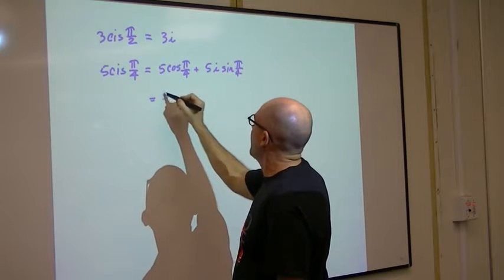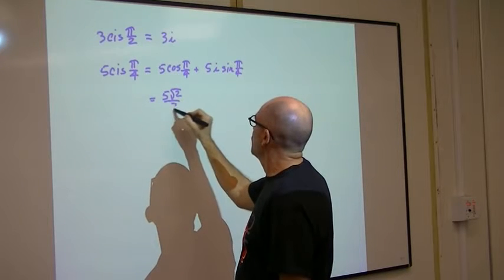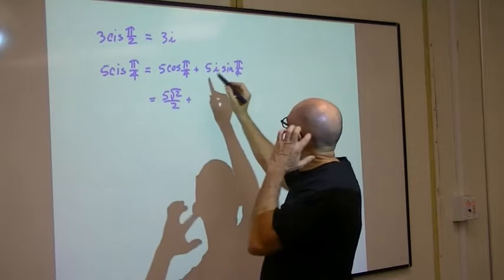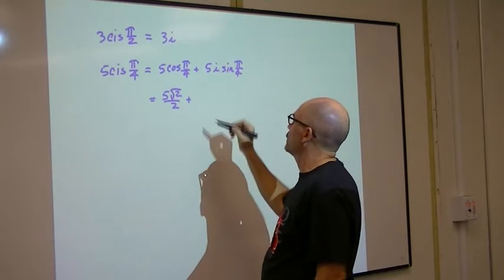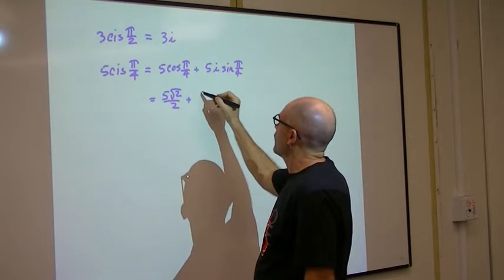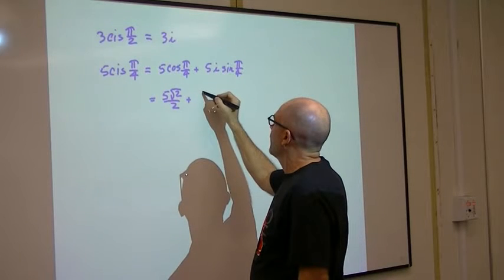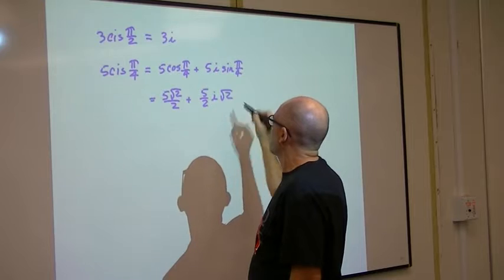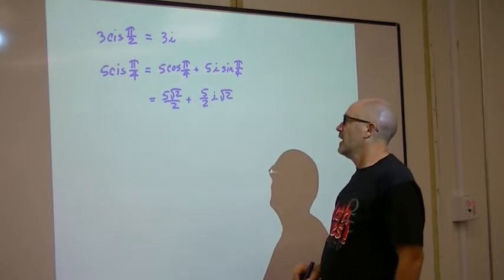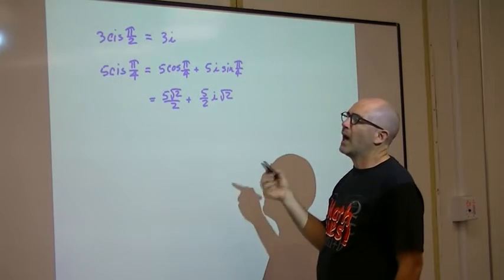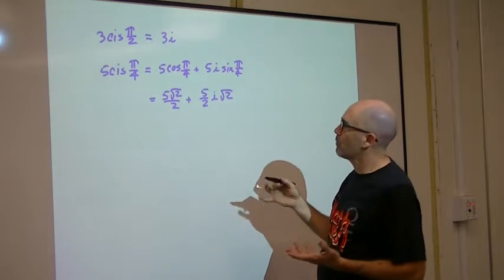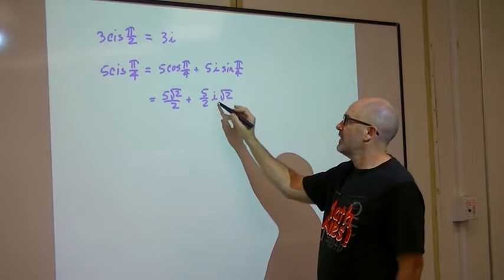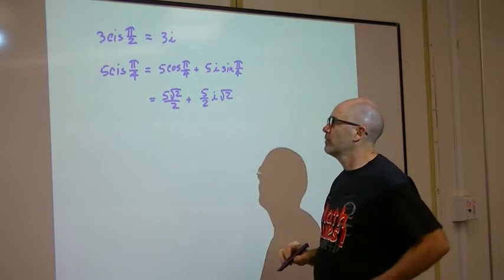So we've got 5 square root of 2 over 2 plus, now this is going to be 5i times square root of 2 over 2. So technically the way we're supposed to write it is 5 halves i square root of 2. If you wrote it 5 square root of 2 over 2i, that wouldn't be horrible, but technically you're supposed to have the rational, then the i, then the irrational.